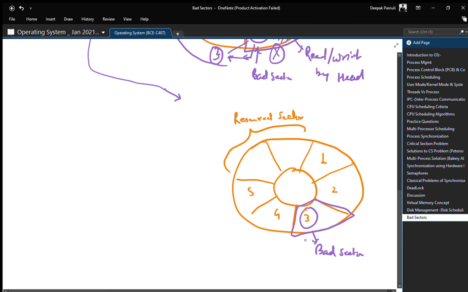So we won't forward this sector any further. We will simply allocate this index number to one of our reserve sectors. So now this reserve sector will be addressed by sector number 3, because we know the bad sector has to be blocked.